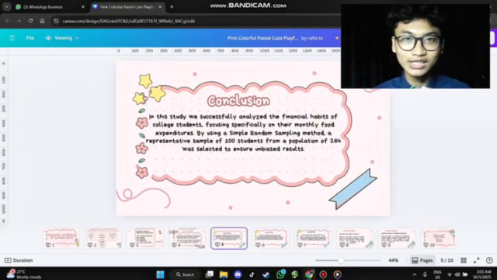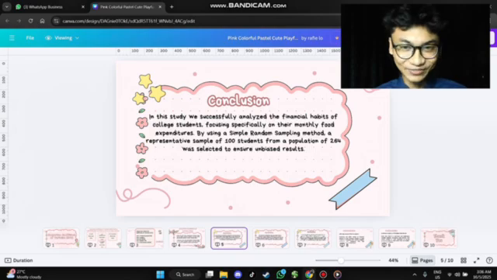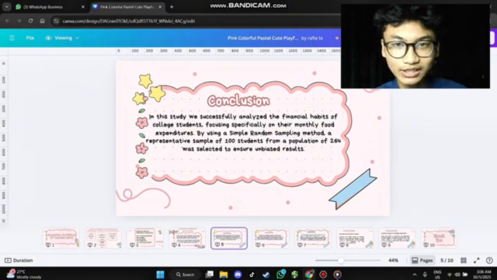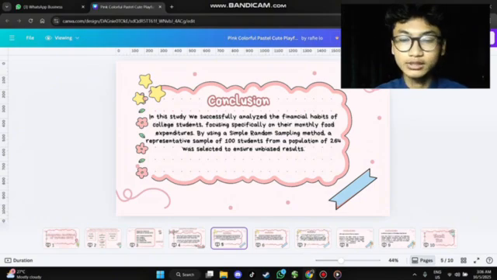So the conclusion is, in this study, we successfully analyzed the financial habits of college students, focusing specifically on their monthly food expenditures by using a simple random sampling method. A representative sample of 100 students from a population of 264 was selected to ensure unbiased results.